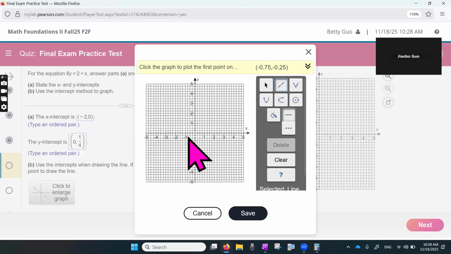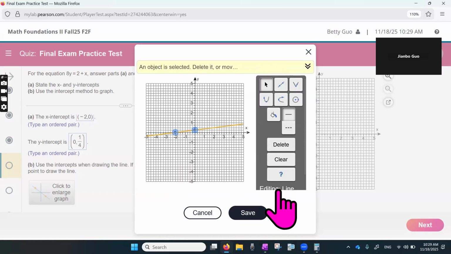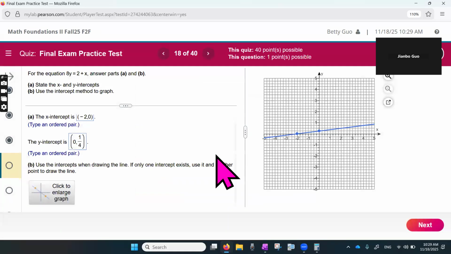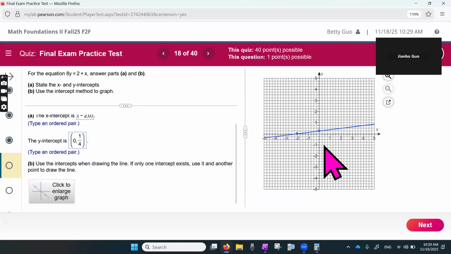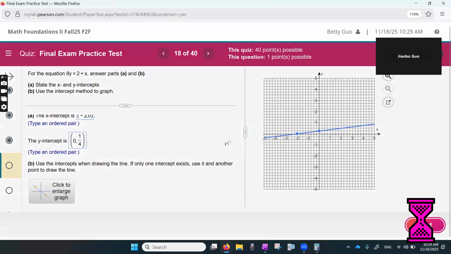So negative 2, comma 0, and 0, comma a quarter. There we go. You're gonna have to double check if I put negative 2, comma 0 and 0, comma a quarter. I tried.